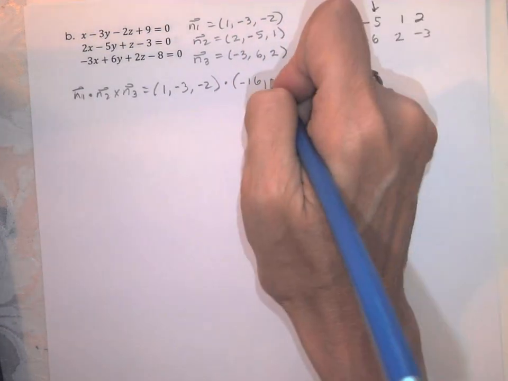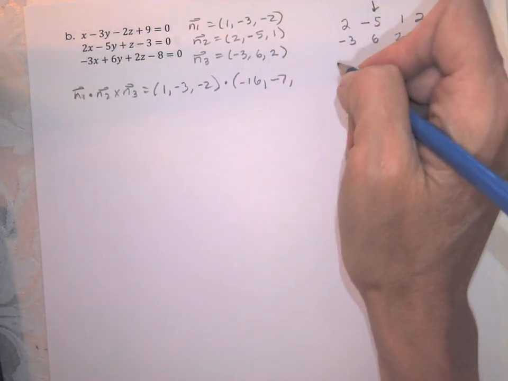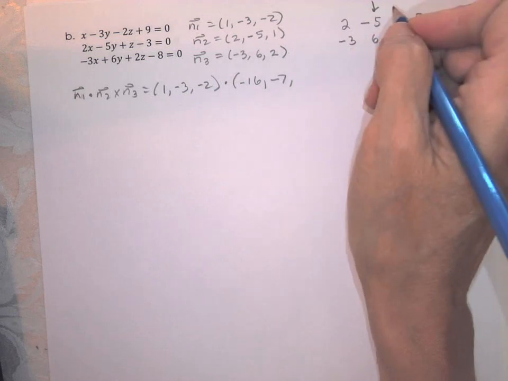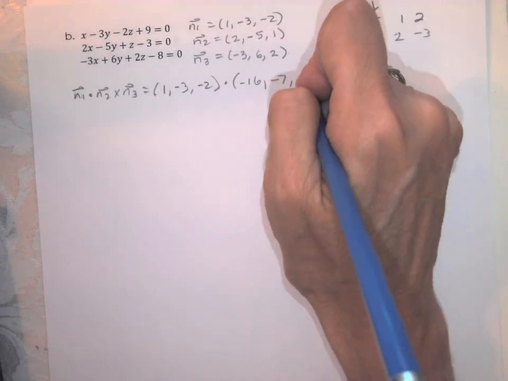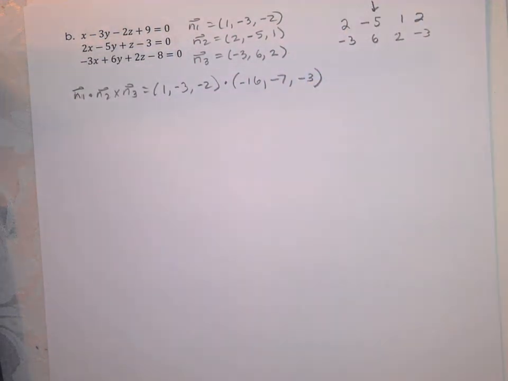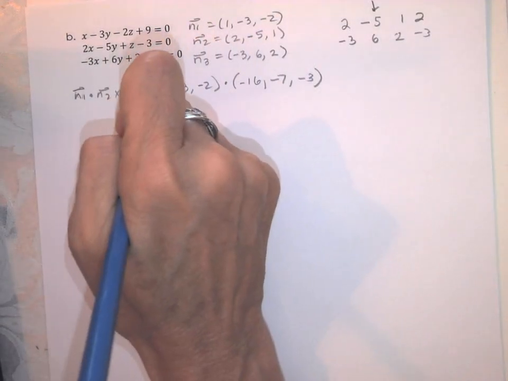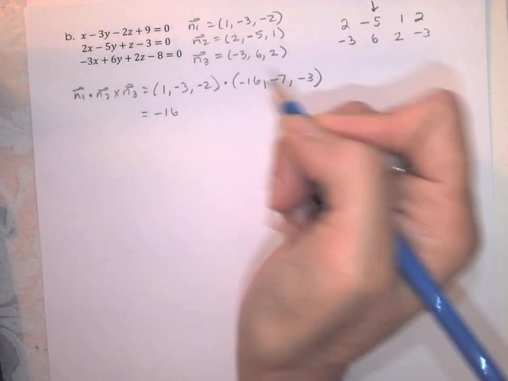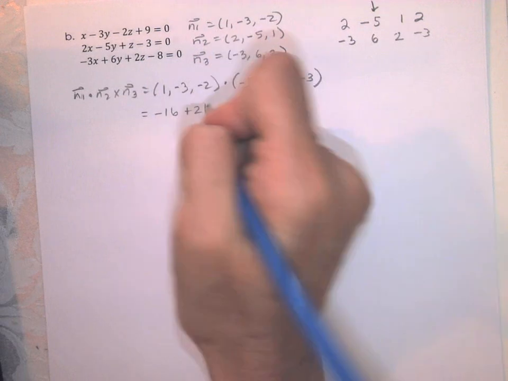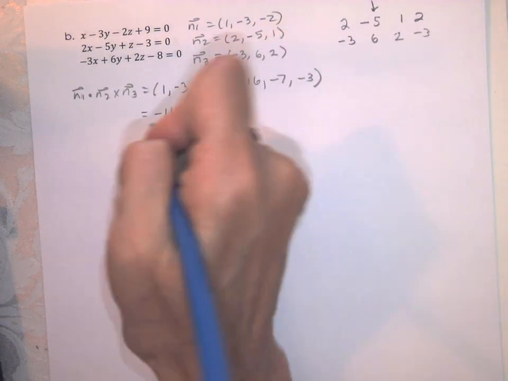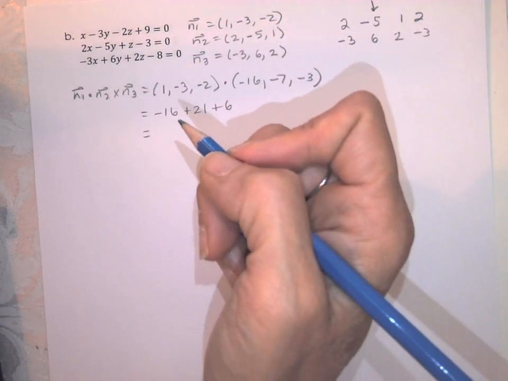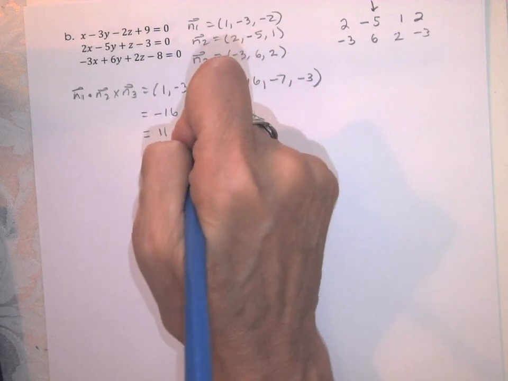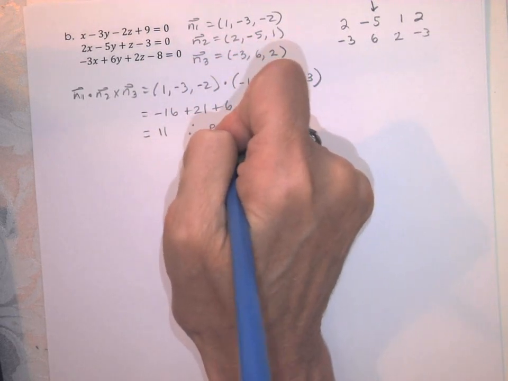Negative 3 minus 4 is negative 7. 12 minus 15 is negative 3. And then we're going to dot product, so negative 16 plus 21 plus 6 is equal to 11. So it's not 0 again, so therefore we have a point of intersection.